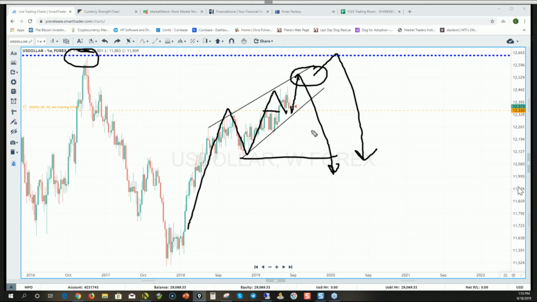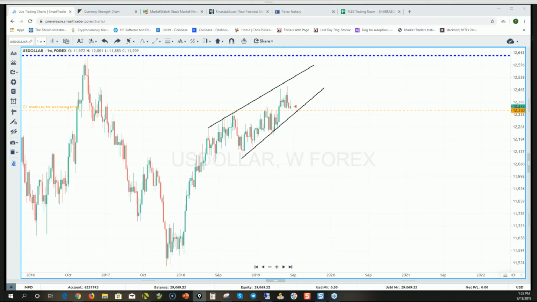If we have the same conversation 12 months from now, we're probably going to be seeing the dollar down here or down here. But because we're dealing with so much consolidation, believe me, I'm more than patient waiting for the dollar. It's not a matter of how it's going to happen, it's just a matter of when.